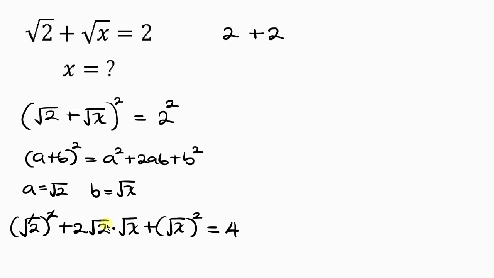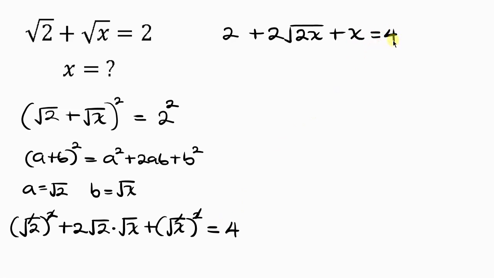Since they have a common root, which is square root, we can take the common square root and multiply what we have inside. So 2 times x is 2x. And then plus, now this square can cancel off the square root, leaving behind x. And this is equal to 4.